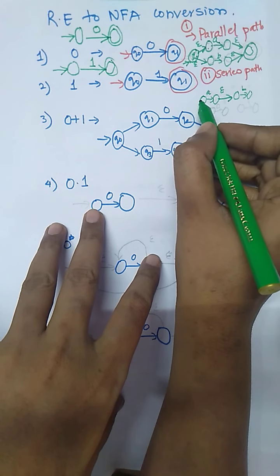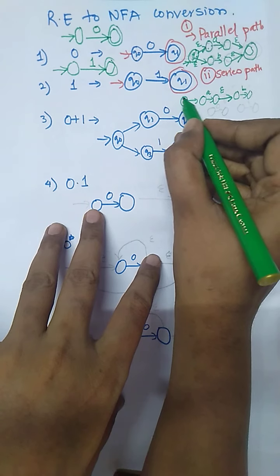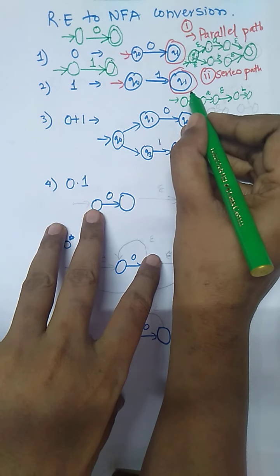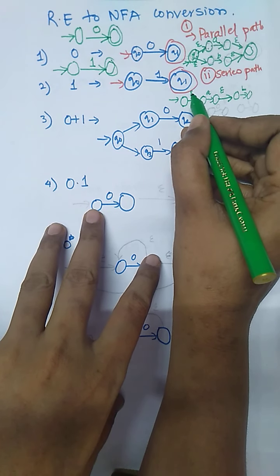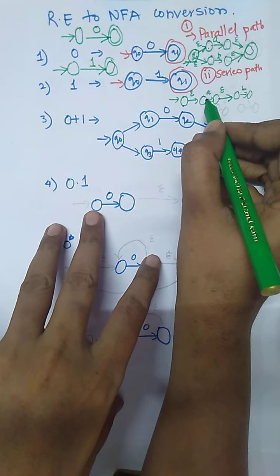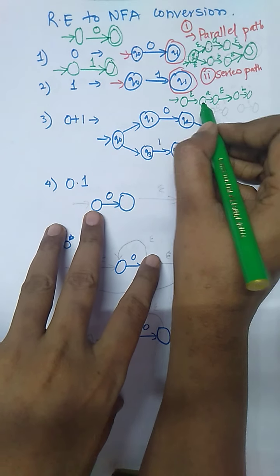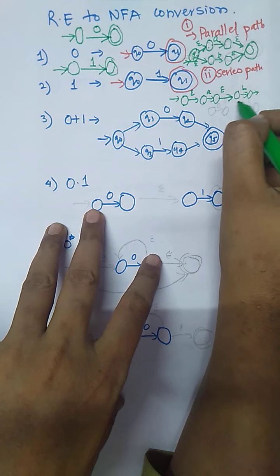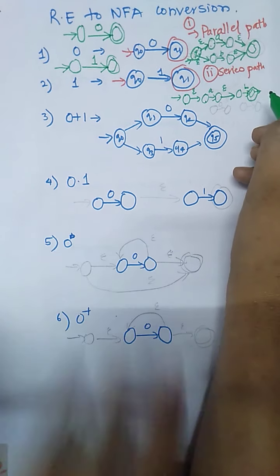Now we have to mark the initial state. This will be the initial state which we read with input epsilon, will reach this state, and here it will go to the final state. So this is your final state.